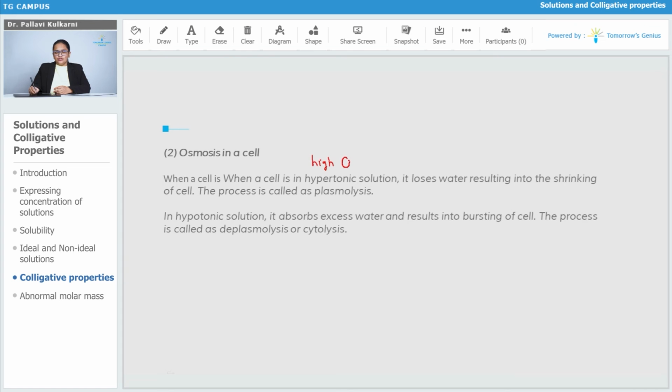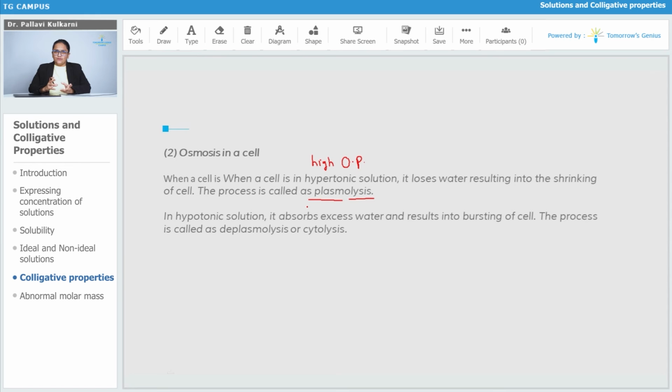In that case the cell will lose water, just like we have seen for the egg. The water or solvent molecules travel from the cell to outside, and therefore shrinking of the cell takes place. This process of shrinking of a living cell is called plasmolysis.